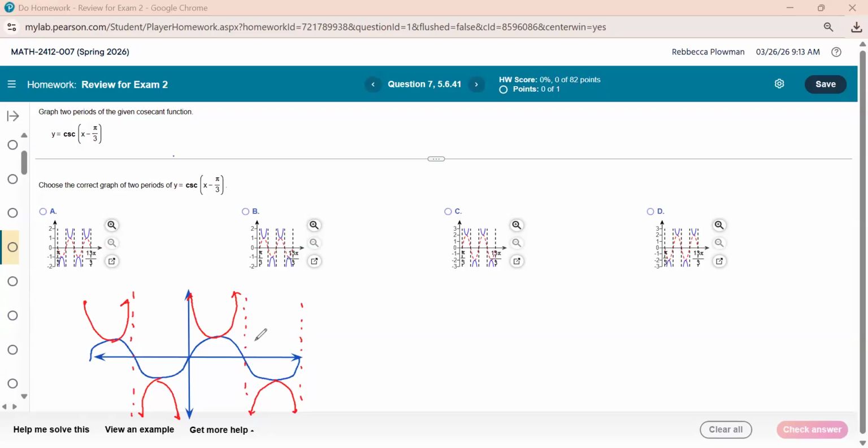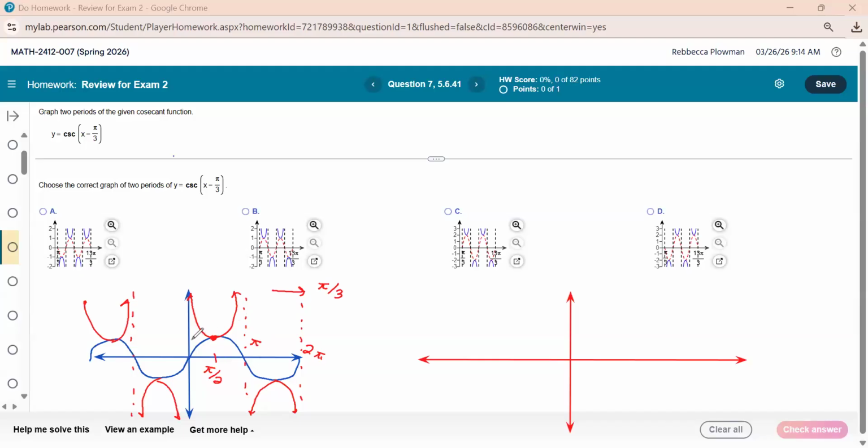So we have this asymptote here at pi. And then this one's at 2 pi. Just use a couple of these to help us. So we know that this right here is going to be pi over 2. So if we want to move everything over and show the shift, we're shifting in this direction by pi over 3, because of that subtraction.